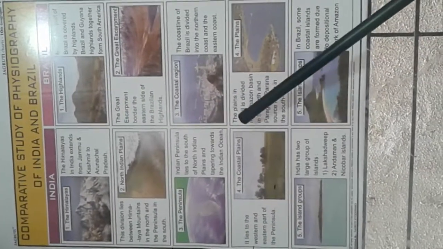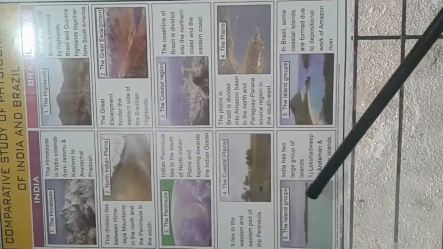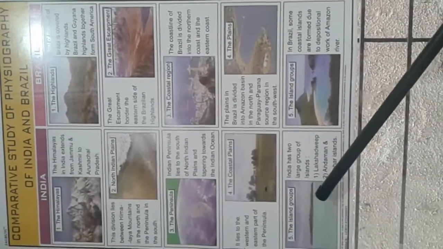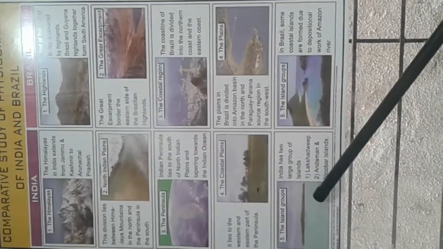On the western part and the eastern part of the peninsula, you have the coastal plains. Then the fifth physiographic group is the island group.